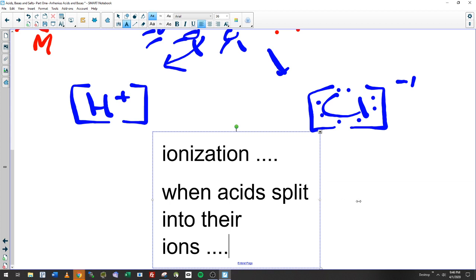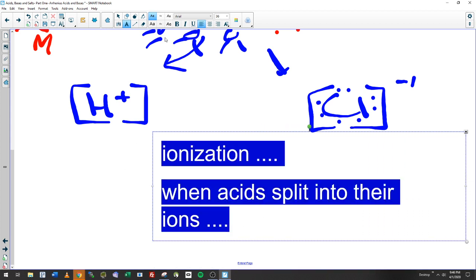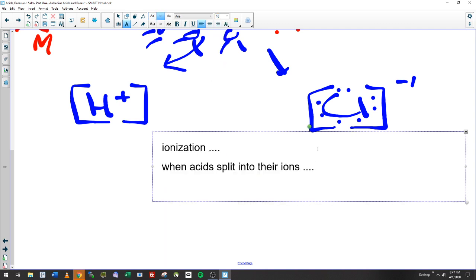Acids technically should have no business splitting into ions because acids are technically covalently bonded. However, the only reason why acids can even do this is because acids have hydrogen in the first metal position. If they didn't have that hydrogen in the first metal position that is acting like a metal, this would never, ever happen.